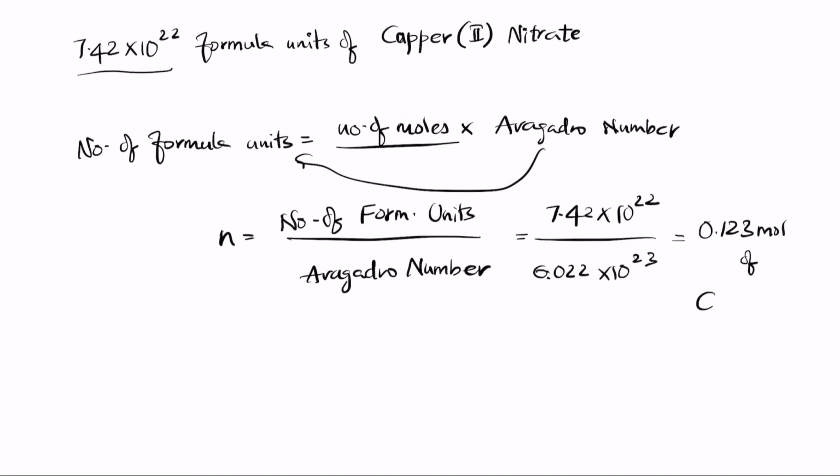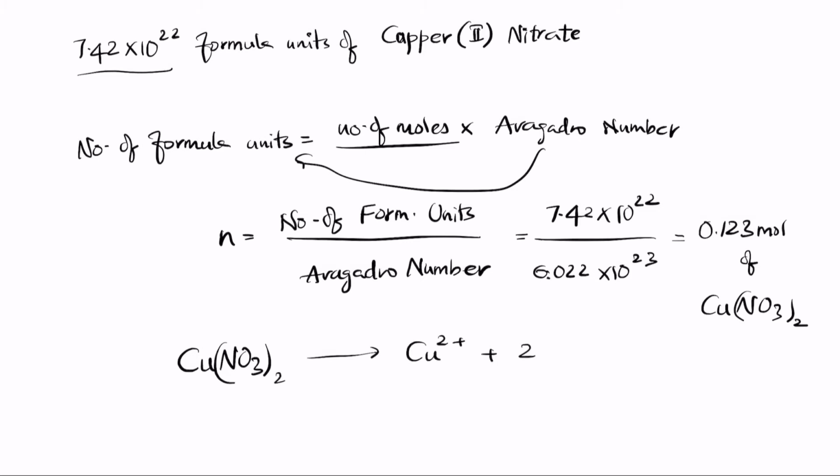Copper 2 nitrate is Cu(NO3) taken twice. When it becomes an aqueous solution, it becomes Cu2 plus and 2 NO3 minus. So for 1 mole of this, you get 1 mole of copper and 2 moles of nitrate.